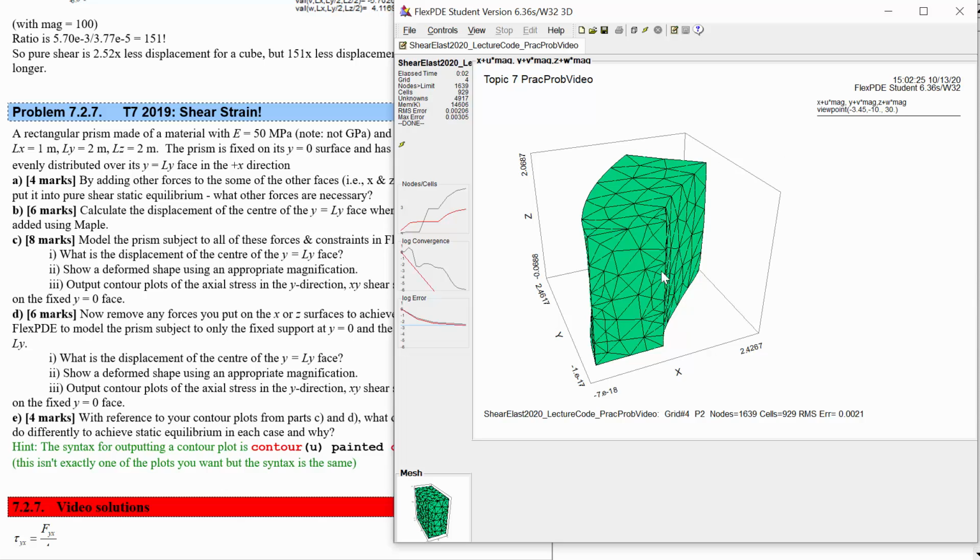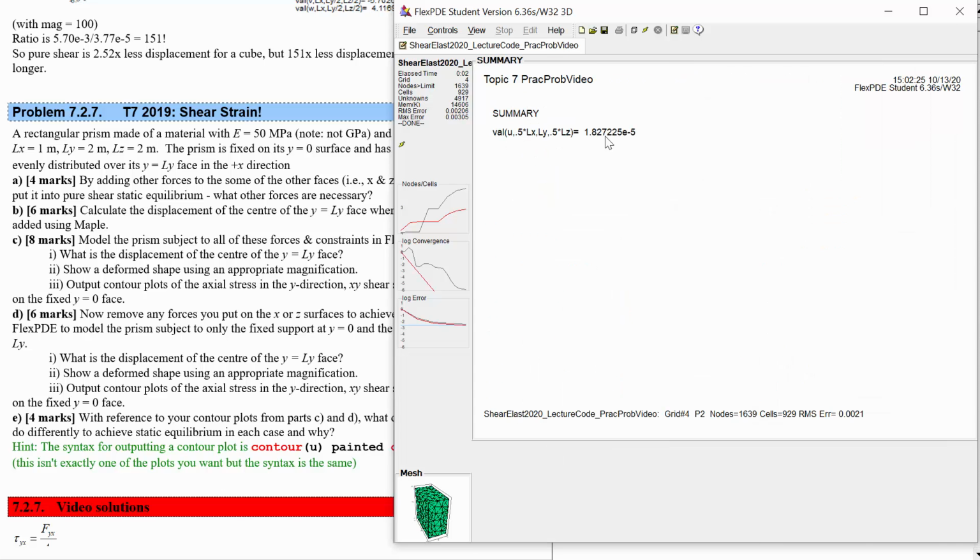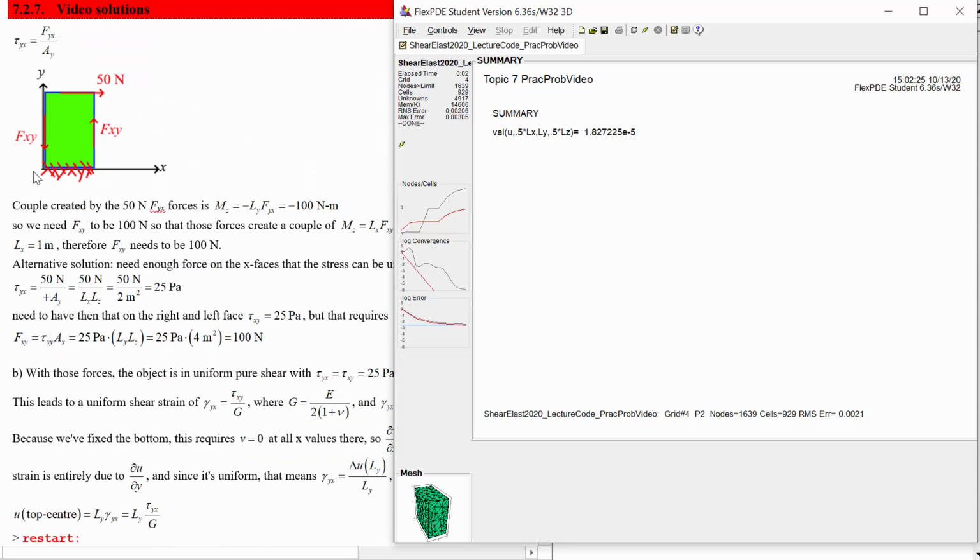So it deforms like this, and it's not so obvious from the picture because that's auto scaling, but the deformation's a fair bit more, right? We've got almost like 8 times as much displacement as we had last time. So when we don't put those balancing forces on the side to force it into pure shear, then it bends a lot.